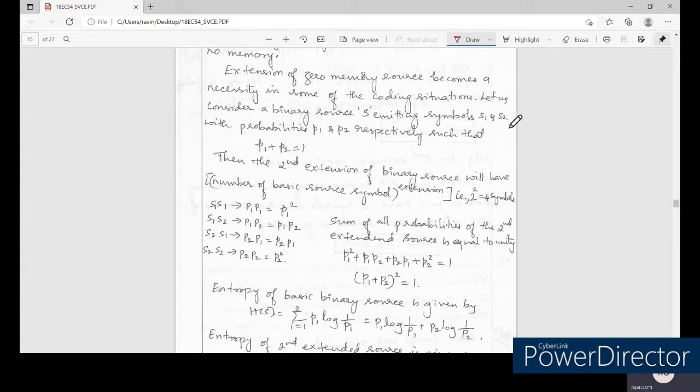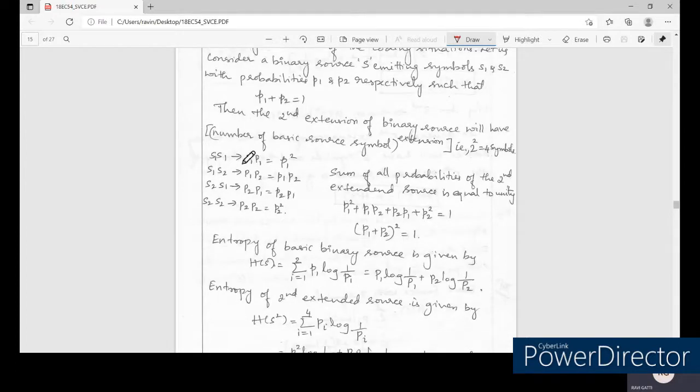We have considered two symbols S1 and S2, therefore 2 to the power of 2 is 4 symbols. What are those symbols? S1 S1 with probability P1 P1, S1 S2 with probability P1 P2, S2 S1 with probability P2 P1, and S2 S2 with probability P2 P2.